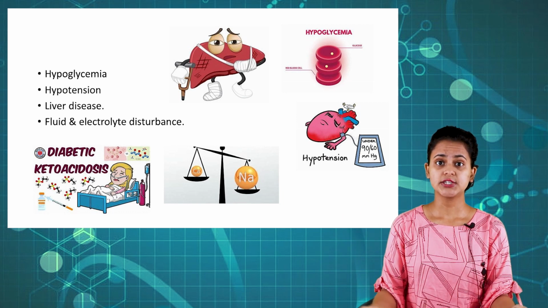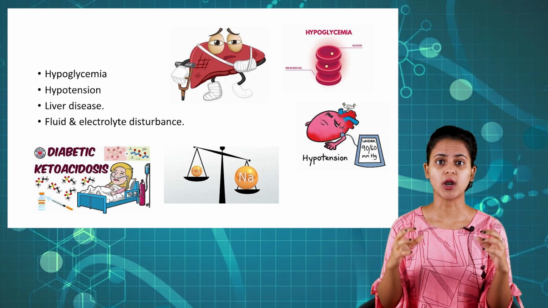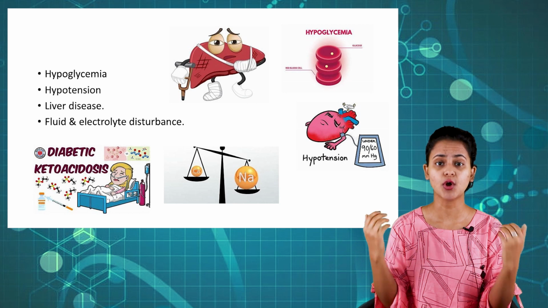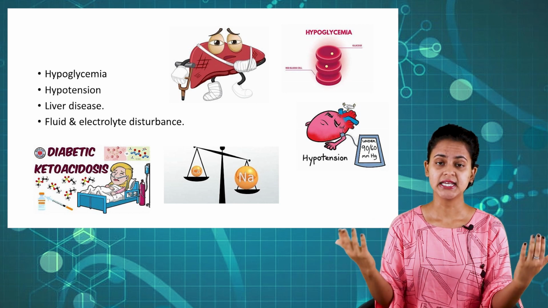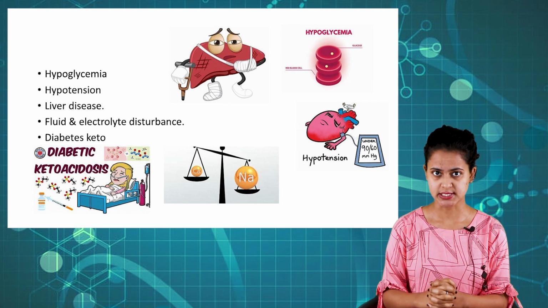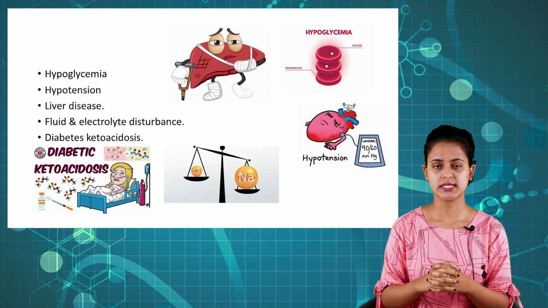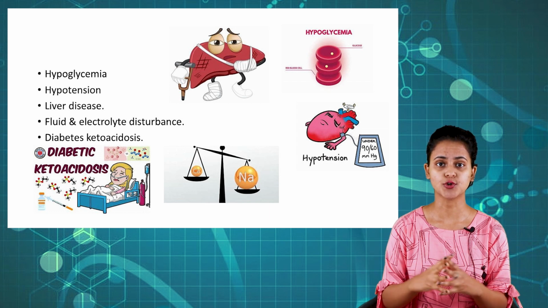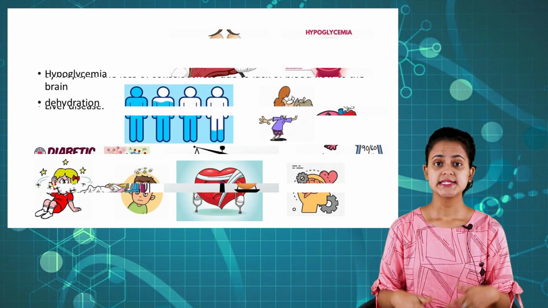Next, we're going to see fluid electrolyte imbalance. If it is present for an individual and is beyond the normal physiological level, we can see the presence of manifestations related to unconsciousness. The next condition, which is very often associated with the development of clinical manifestations of unconsciousness, is diabetic ketoacidosis.